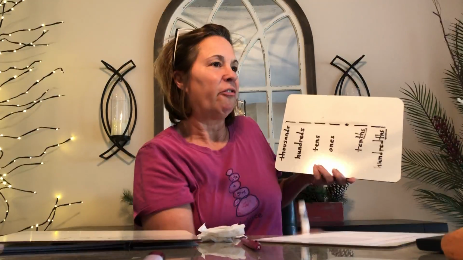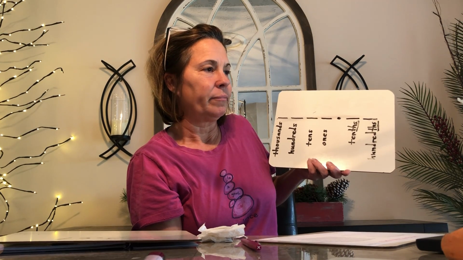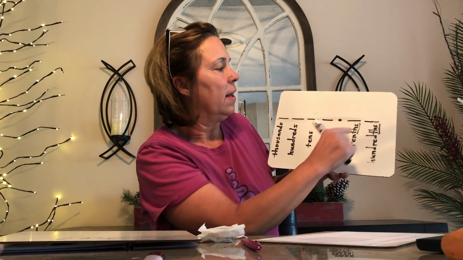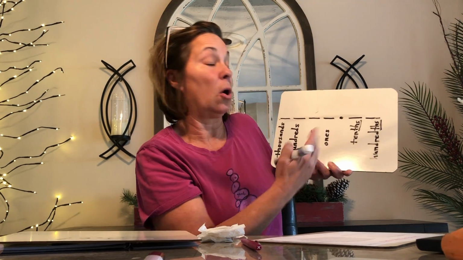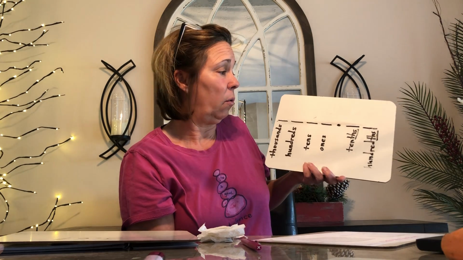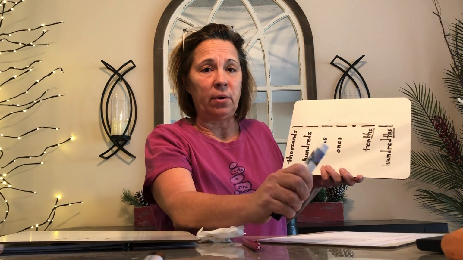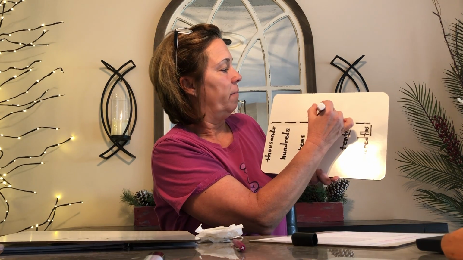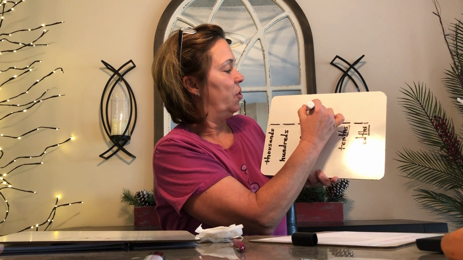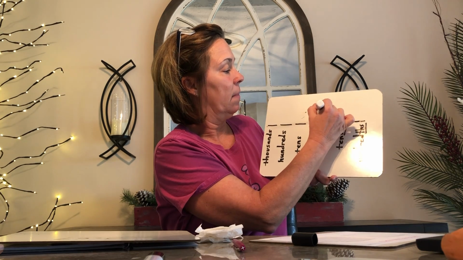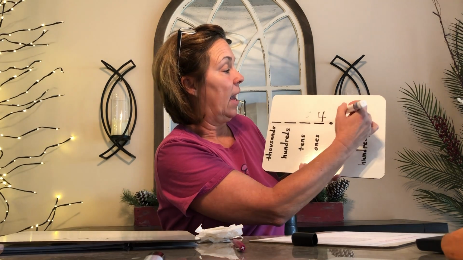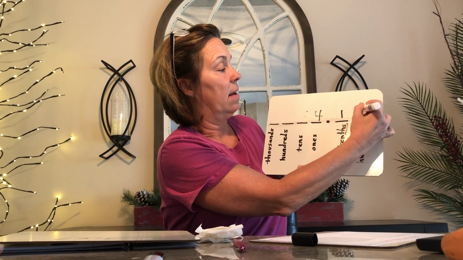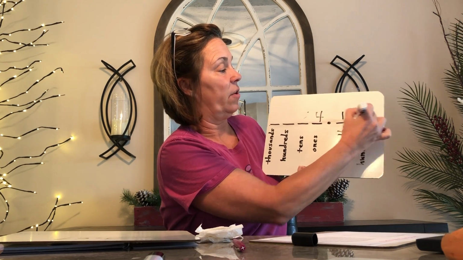So just like a fraction is not a whole, one whole, decimals are just like fractions, not a whole. So if I was going to write a number, let's do four wholes and 1/10 and 5/100.